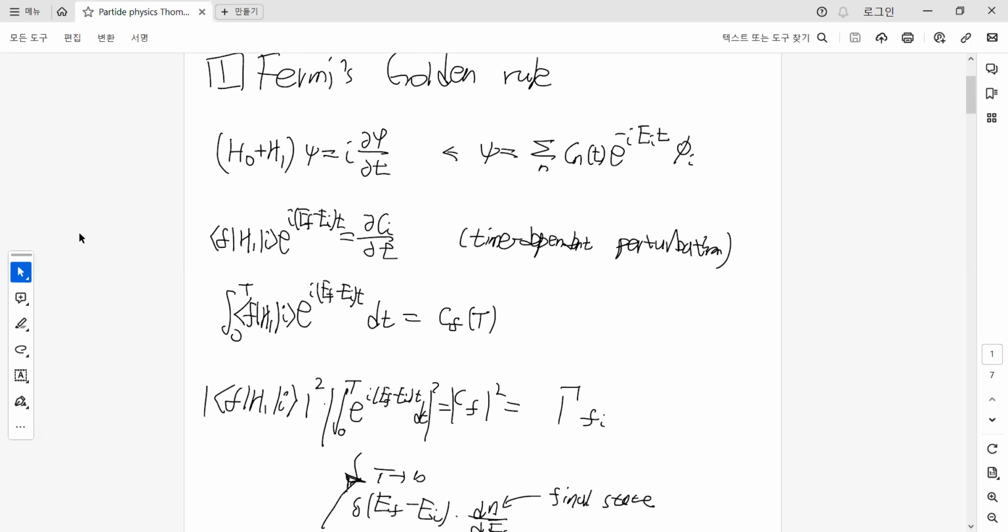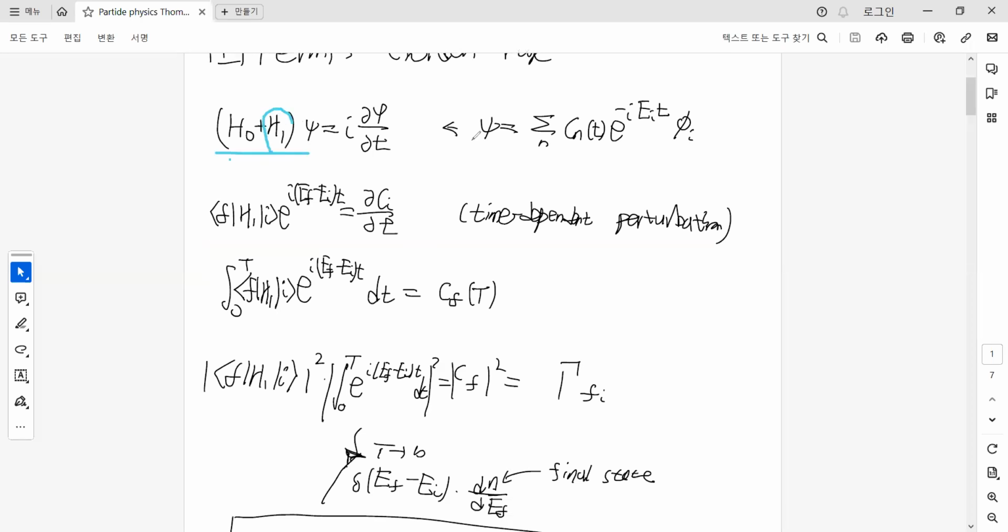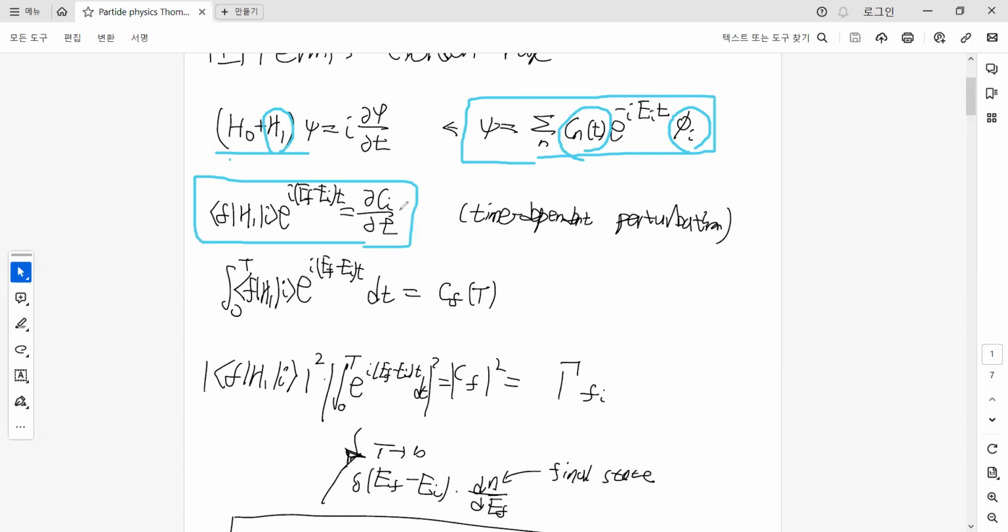The Schrodinger equation can be written like that, with the perturbing Hamiltonian, and if we insert the wave function, which expands in the energy eigenstates with time-dependent coefficients, we can find the equation of motion for such a time-dependent coefficient from the Schrodinger equation.